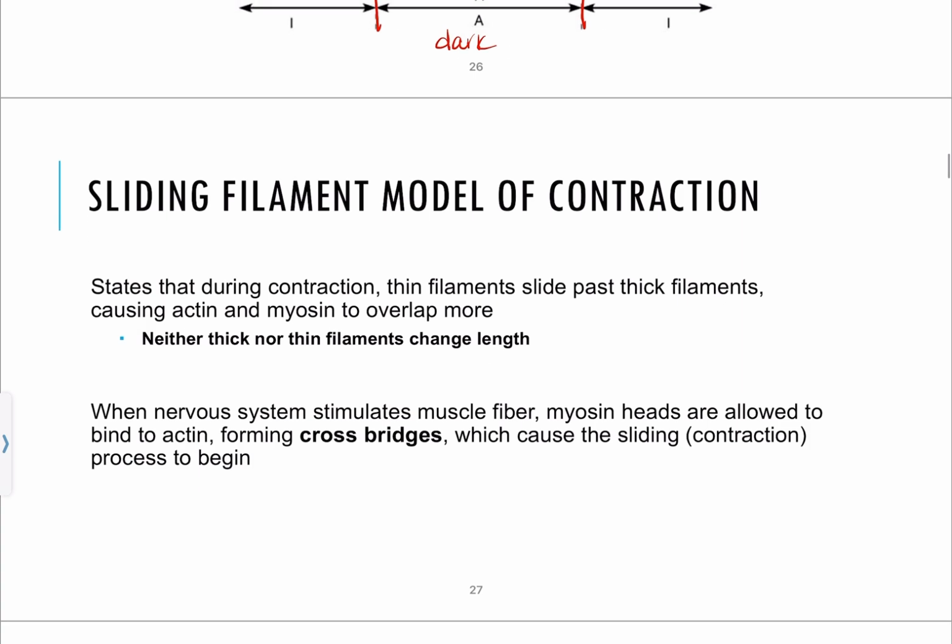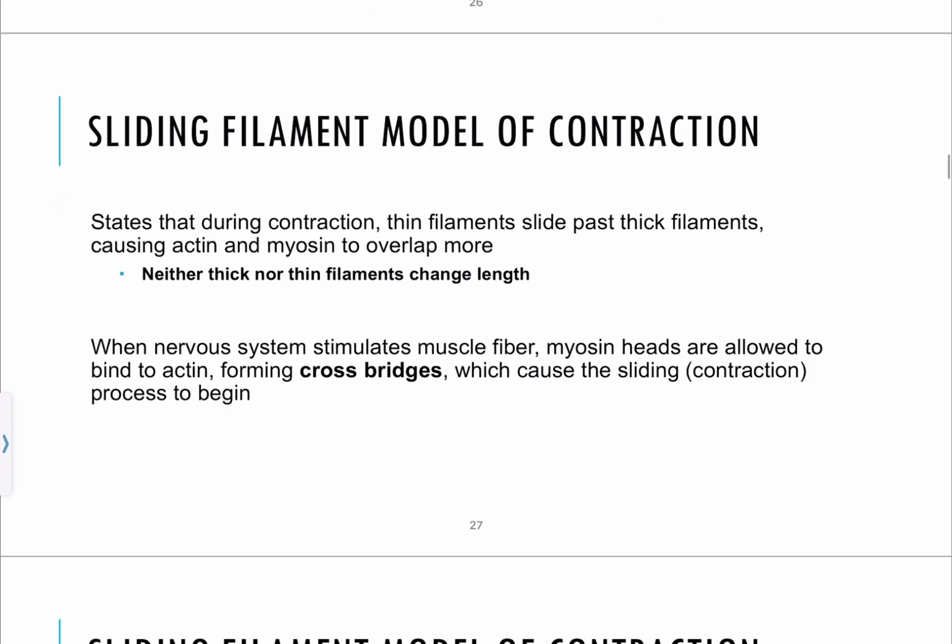When we want to contract, we're not actually changing the lengths of the filaments themselves. Instead, we're sliding the filaments across each other. We're basically taking those myosin heads, the globular heads, attaching them to the G-actin subunits on the thin filament, breaking the cross bridge, reforming the cross bridge, and basically ratcheting along until they overlap even more, not actually shortening the filaments themselves.